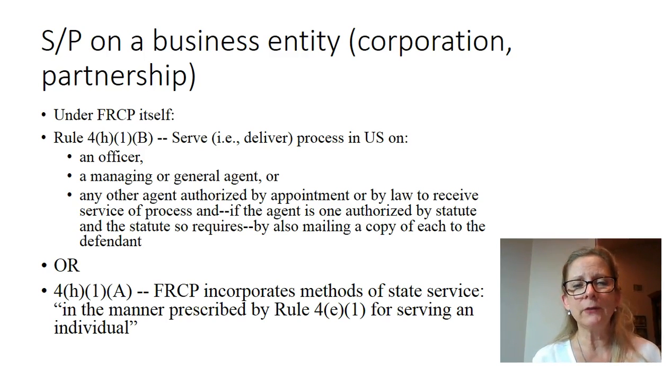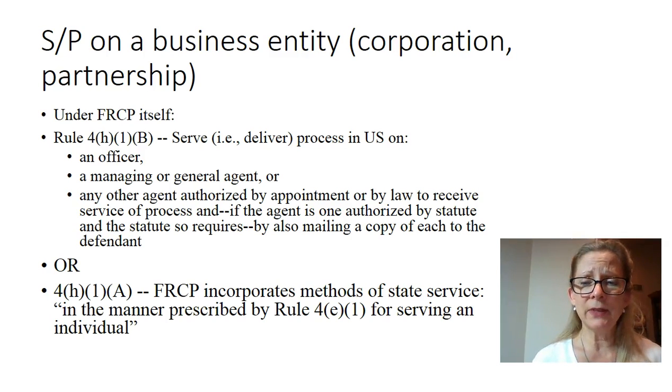So you serve or deliver process in the United States on either an officer of that entity, a managing or general agent of that entity, or any other agent authorized by appointment or by law to receive service of process. So, for example, corporations to do business in a state frequently are required by state statute to appoint someone to receive service of process for that corporation.